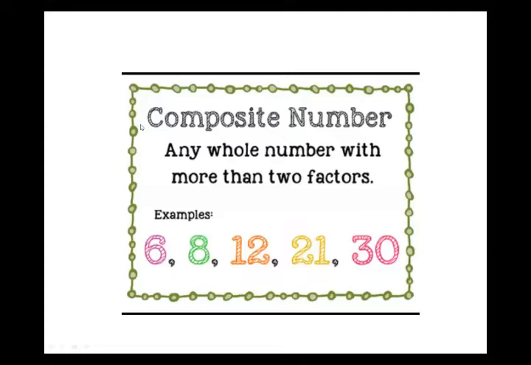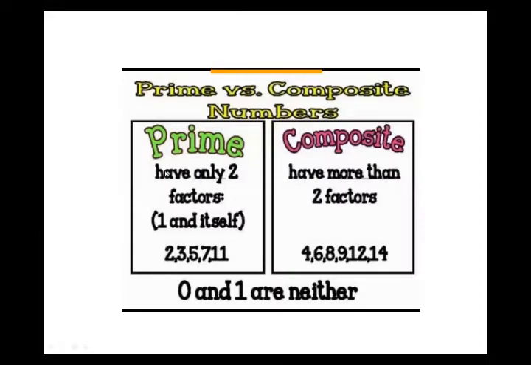Now, as you all understand what a prime number and a composite number are, you can easily see the comparison between prime numbers and composite numbers. Here, the same thing which we already talked about prime numbers: there are only two factors or divisors, one and itself.